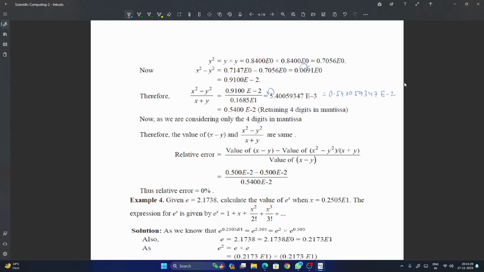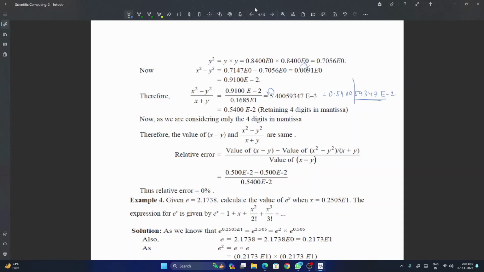Now fortunately you have two 0s after the 5 4, so after the truncation also in that machine, it is 0.5400 into e minus 2, retaining 4 digits, and this value is actually the same as the previous value.